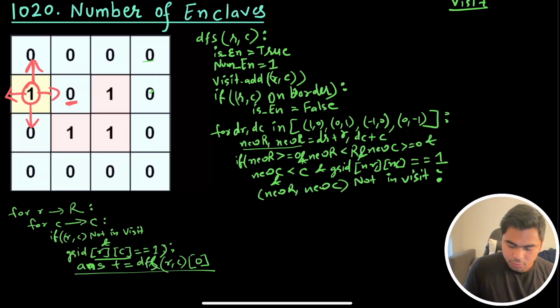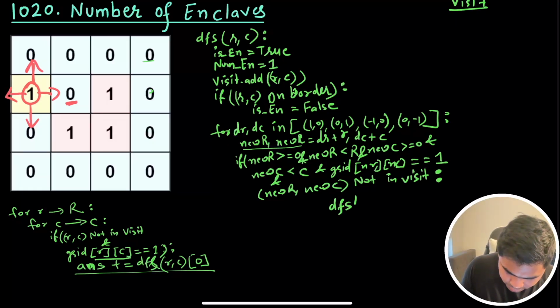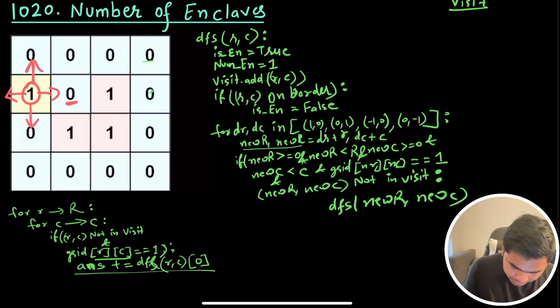Then what we are going to do is call DFS on it. So we will call DFS on new R and new C, and at the end, this function, this DFS, should return two things. What are those two things?